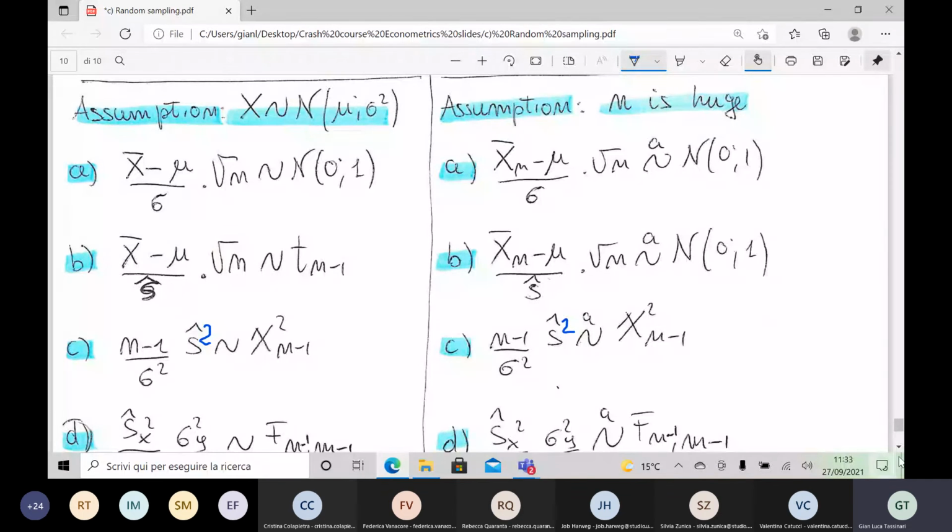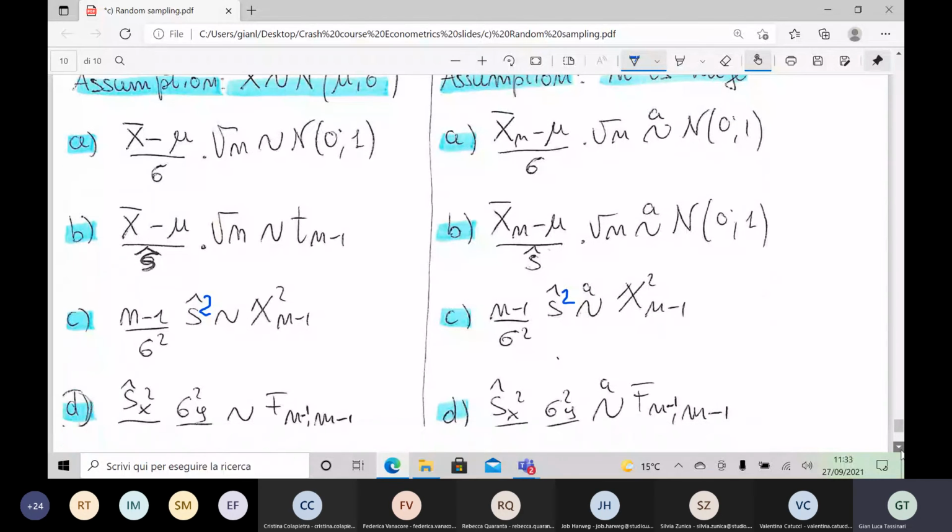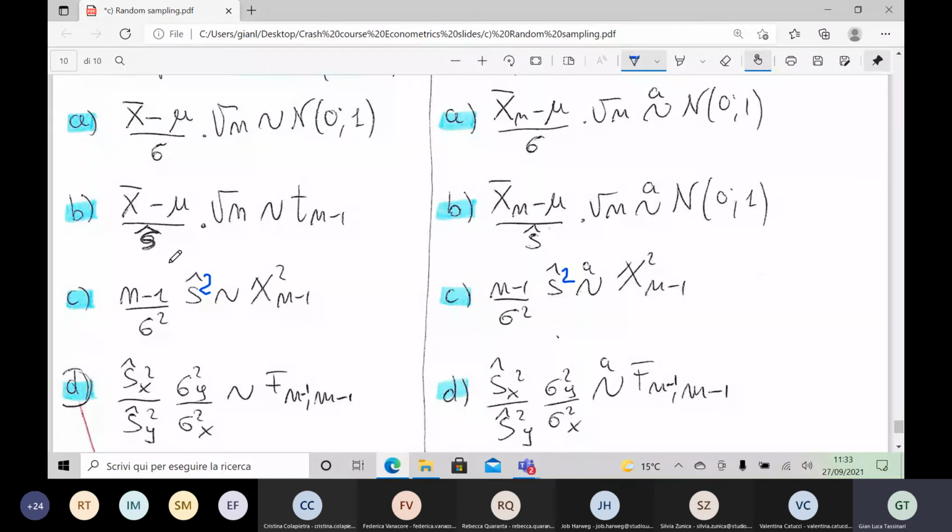Then result C, which in our derivation is B, is this one. Guys, let me finish. In the case X is normal, we find this result. In this case, you cannot make any assumption about the distribution of the population, but n is huge, so you can use the asymptotic result.